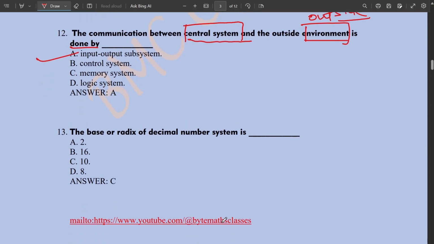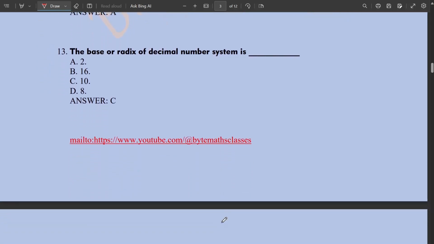Next, the base of the decimal number system. I discussed this in the last video. If the radix base is 2, it is called binary. If 16, it is called hexadecimal; hexa means 6, decimal means 10, and 16 is hexadecimal, 10 is decimal.